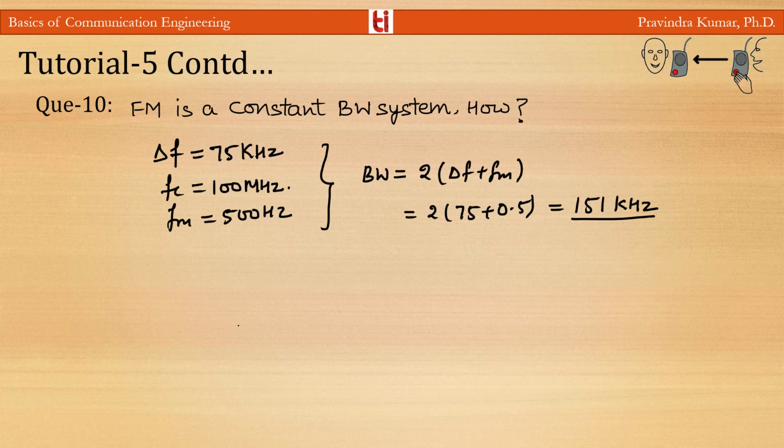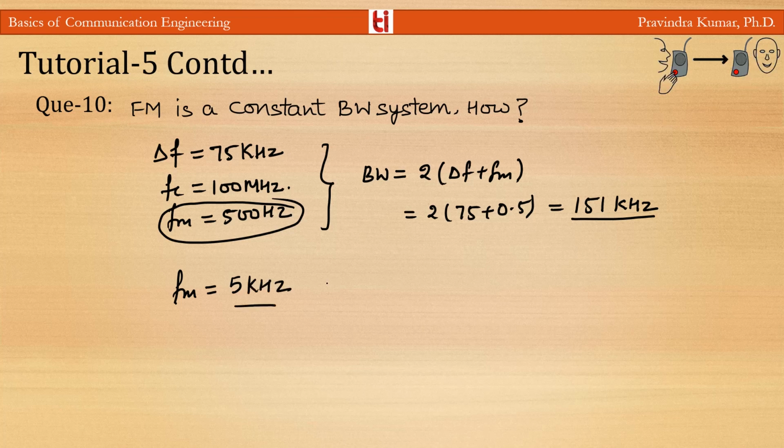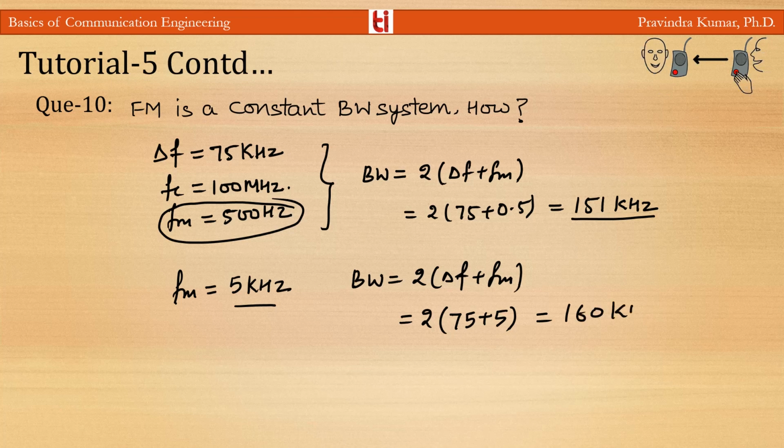And now, keeping everything else unchanged, assume that I have changed fm 10 times. So if fm is now 5 kilohertz, then the bandwidth is 2 delta f plus fm, equal to 2 × 75 + 5, which is 160 kilohertz.